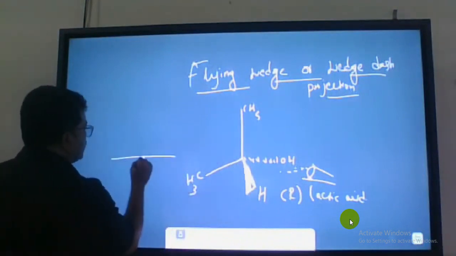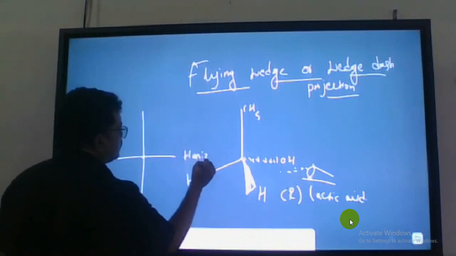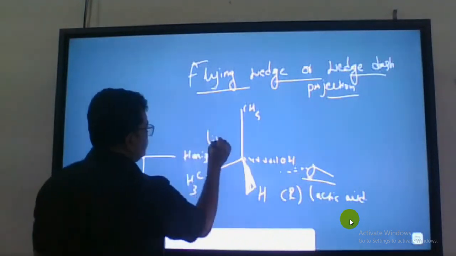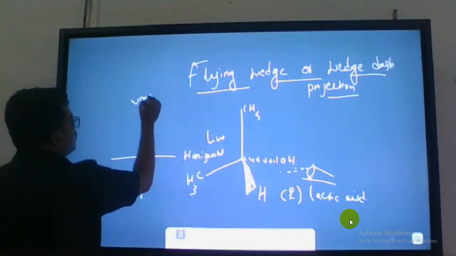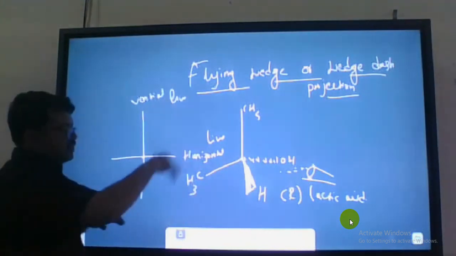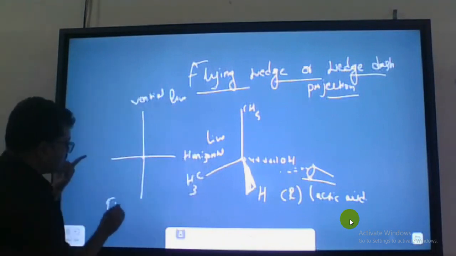So we take one horizontal line and another vertical line. This is the conversion of three-dimensional to two-dimensional, the Fischer projection.